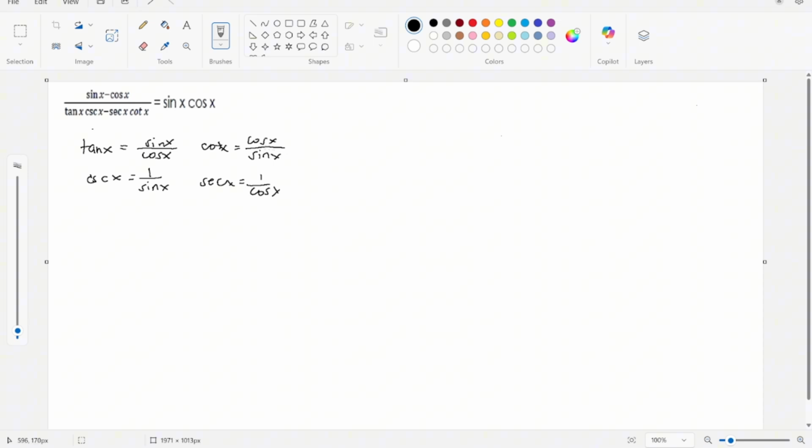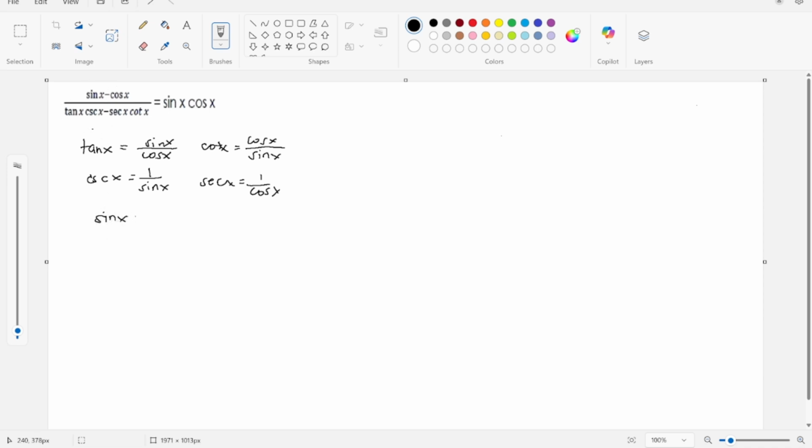So, ang gagawin lang natin ay isa-substitute natin itong mga ito sa denominator para maging sine at cosine lang yung mga identities natin. So, this entire term will become like this.